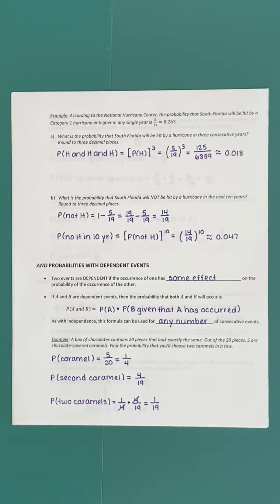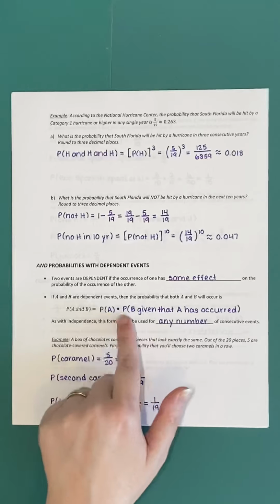In other words, we have to reanalyze the situation based on the fact that we're assuming that the first event occurred. What impact does that have on the situation as a whole? And we have to analyze how that affects the probability of the second event. Once we can put this into context, it'll make more sense.